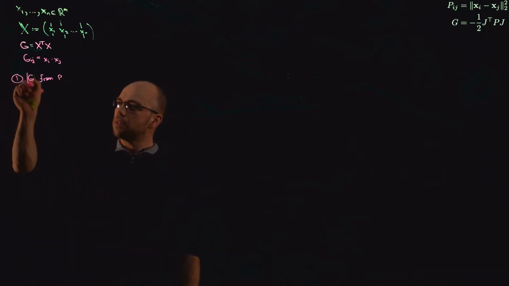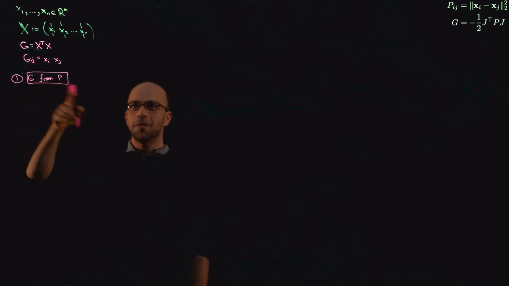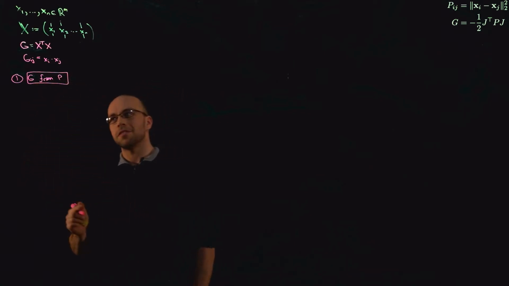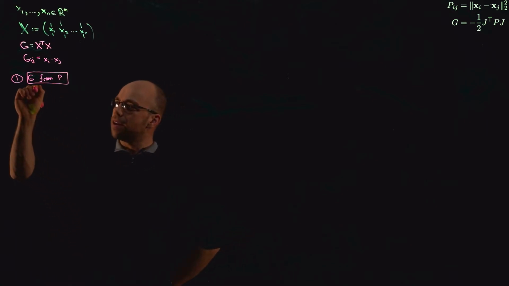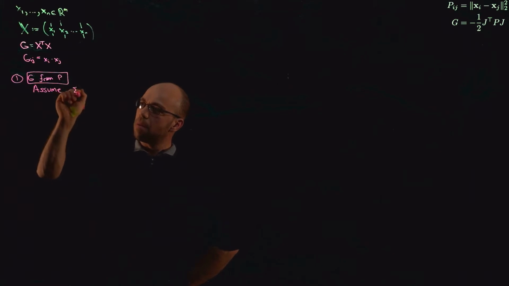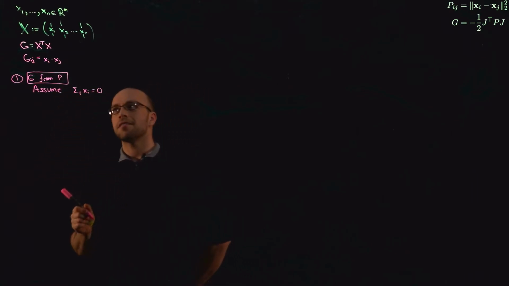So in particular, we're going to recover a version of G with the assumption that P was computed between points that sum to 0. Okay, so we're going to add an assumption that the sum over i of xi is equal to 0. And hopefully you see why that's okay.